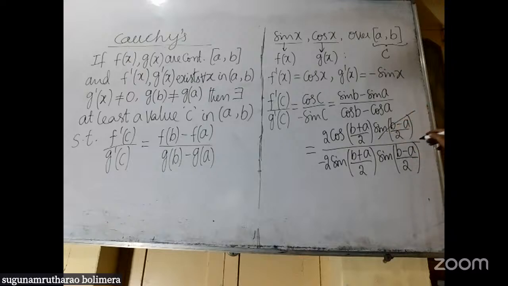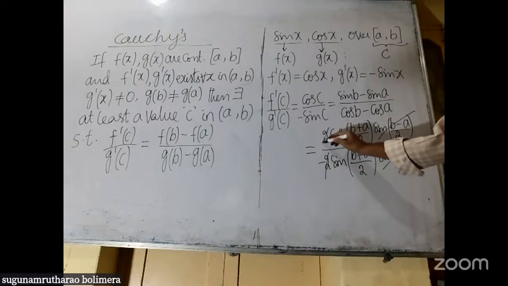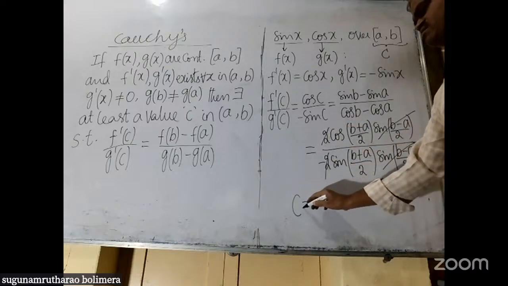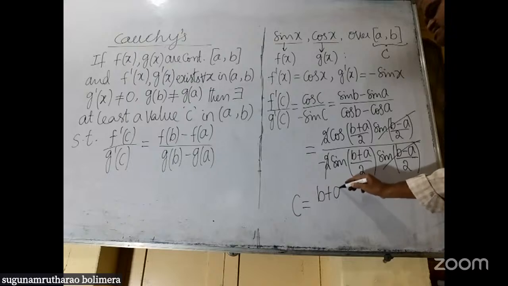So sin (b minus a) by 2 gets cancelled, 2 gets cancelled. So c is equal to (b plus a) by 2.